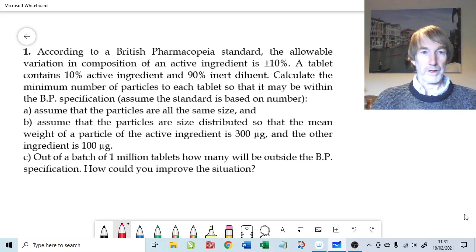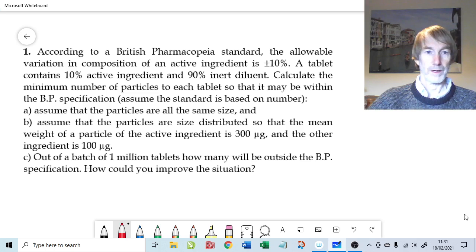Well, welcome to the second part of question 1 from the end of chapter 12, Fundamentals of Particle Technology. In the second part, I'm going to cover part B, just this part of the question here, and part C as well.